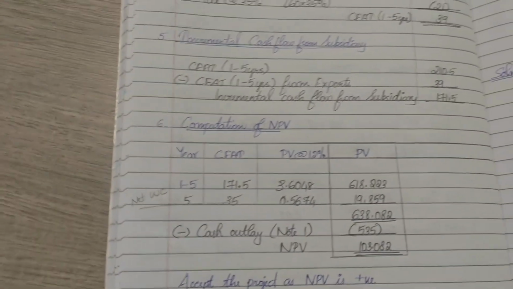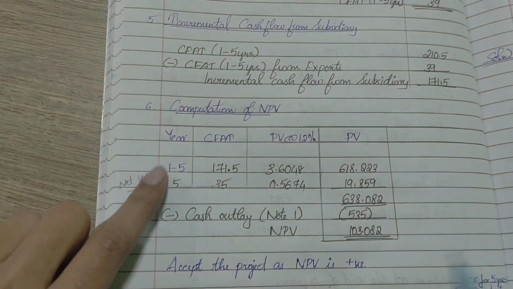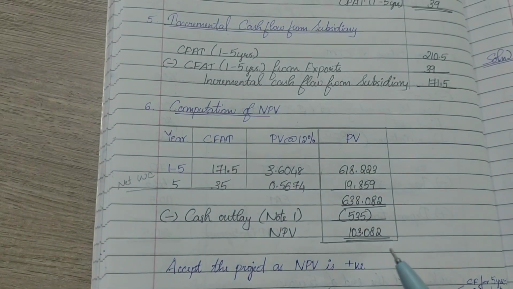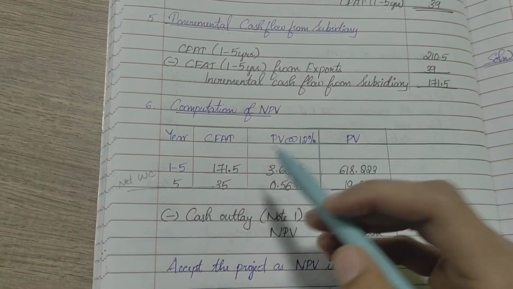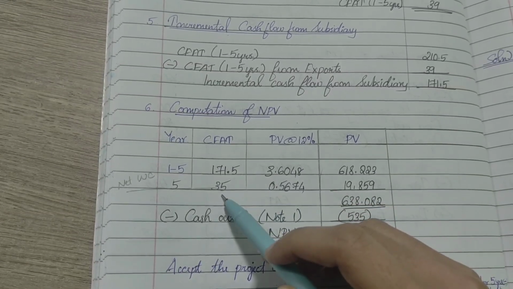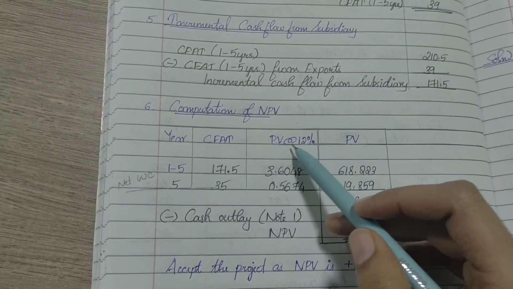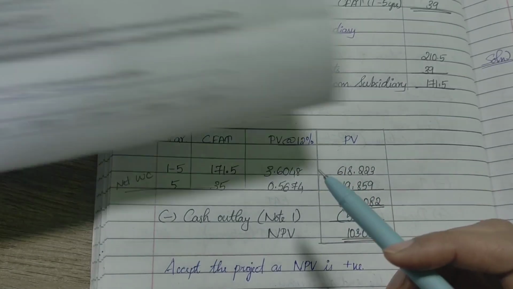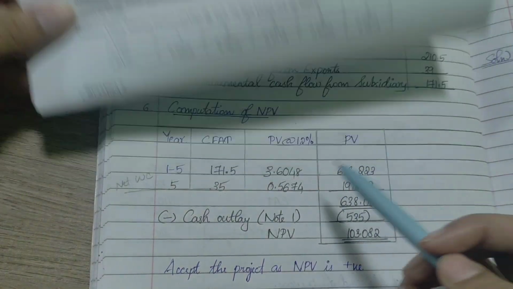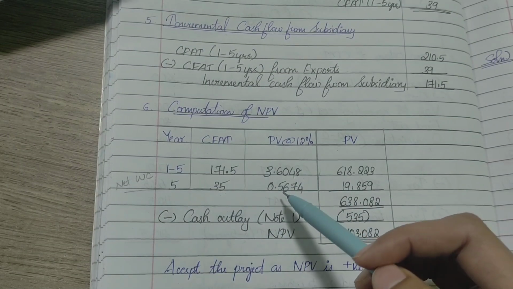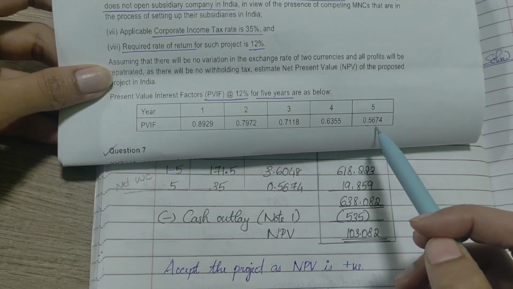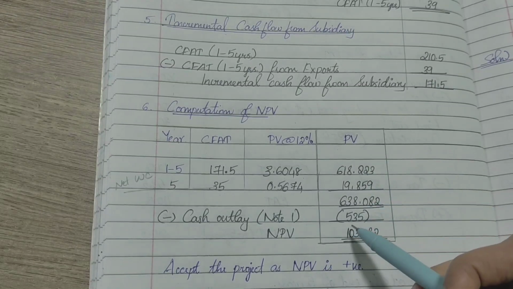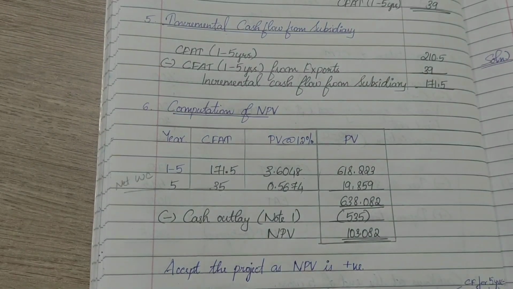Instead of writing each year separately, we can find it for years 1 to 5, then for the 5th year. So the incremental cash flow for years 1 to 5 is 171.5 and for the 5th year it is 35. Then the present value at the rate of 12%: for 1 to 5 years the factor is 3.6048, and at the end of the 5th year it is 0.5674. Multiply here, you will get the present value, minus the cash outlay, the initial cash outflow.